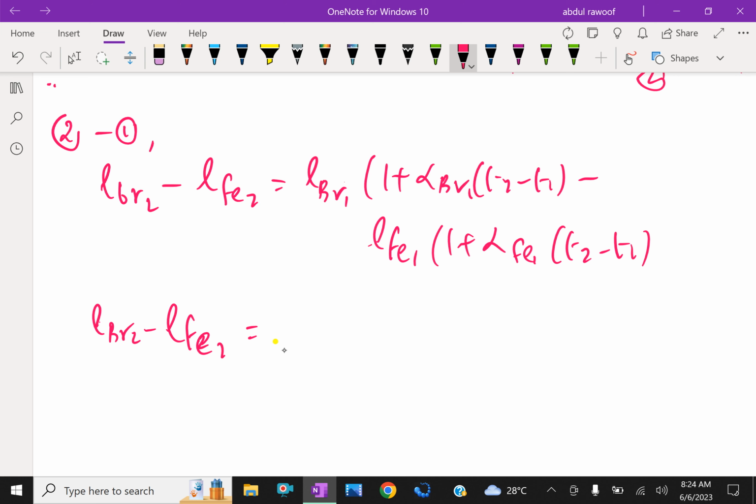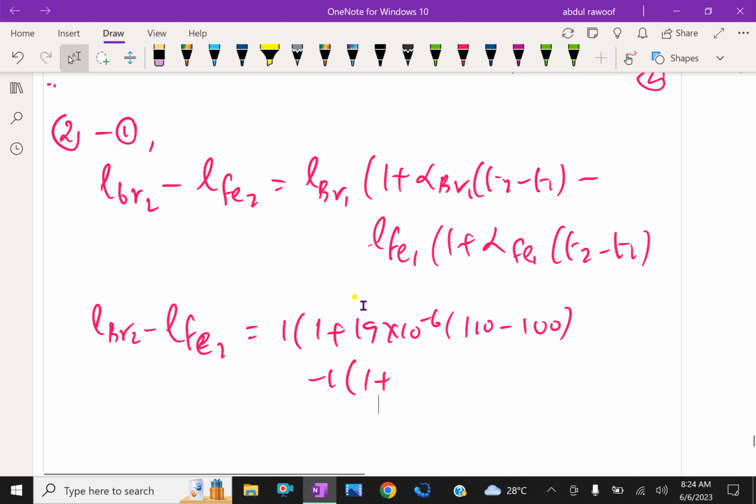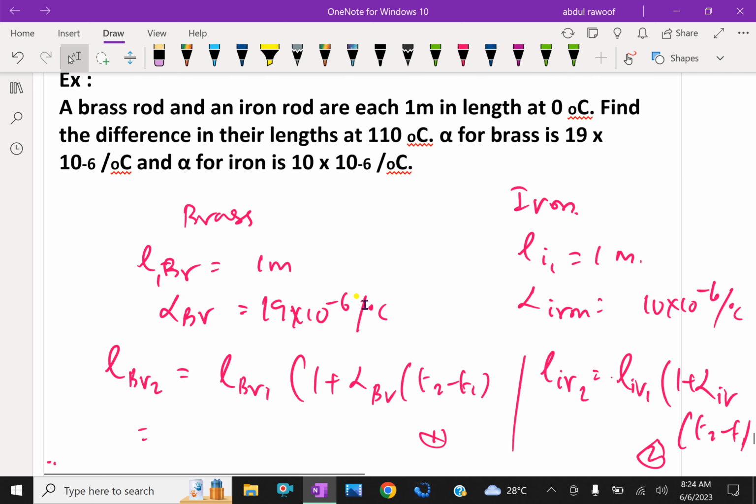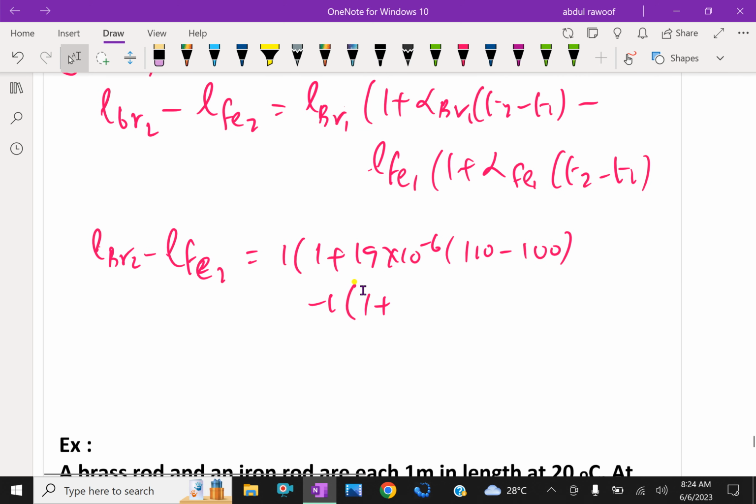So, 1 into 1 plus 19 into 10 power minus 6 into 110 minus 100, minus 1 into 1 plus 10 into 10 power minus 6 into 110 minus 100, which is 10.